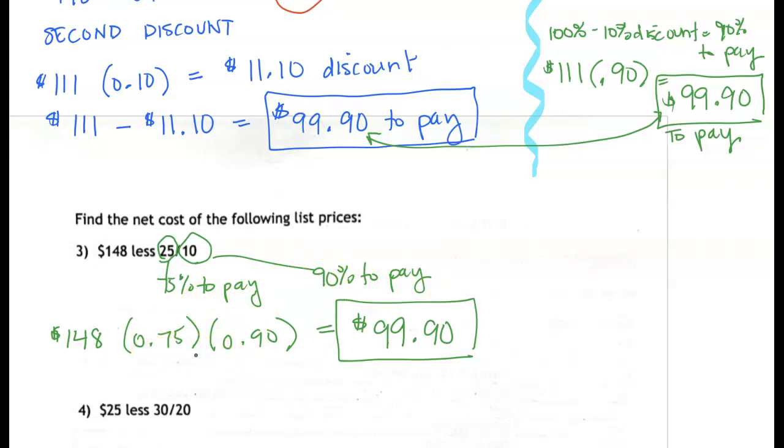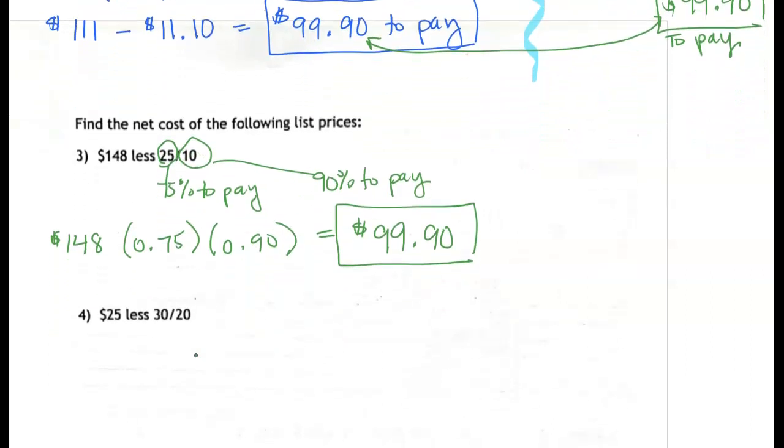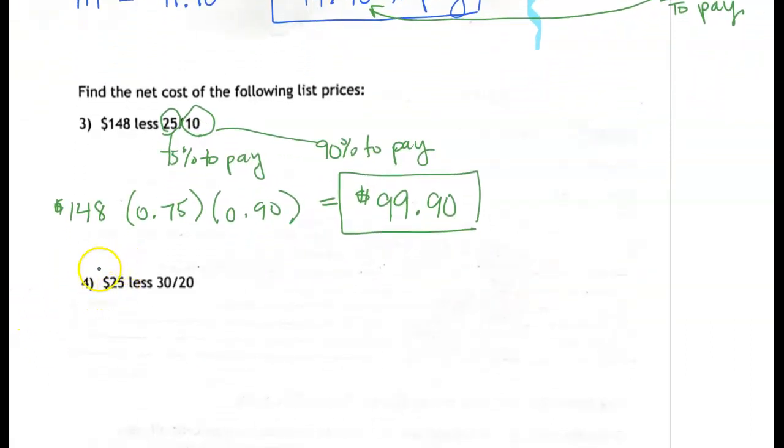Let's try again, and let's use this shortcut. If you want to buy a $25 t-shirt, but you're going to get a 30% discount followed by a 20% discount, that 30% discount means you're going to have 70% to pay. The 20% discount means then you're going to pay 80% of what you had here of the 70%.